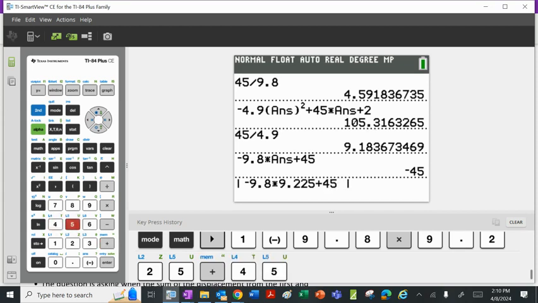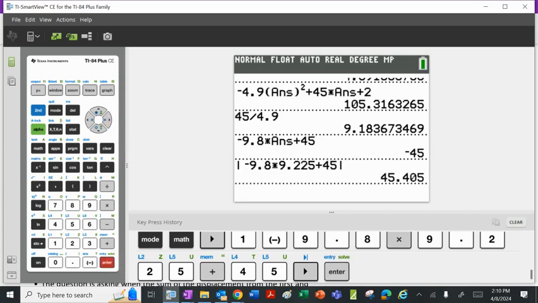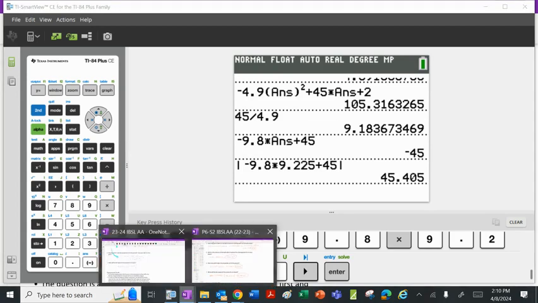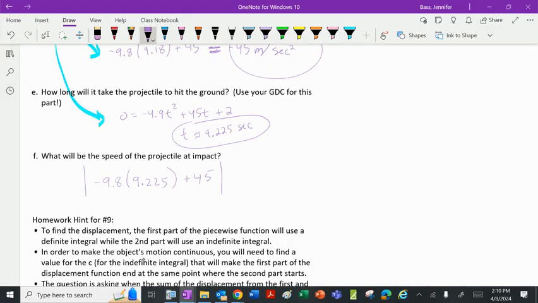Now get out of your absolute value and hit enter. So 45.405. So speed is approximately 45.405 meters per second. There you go. All right.